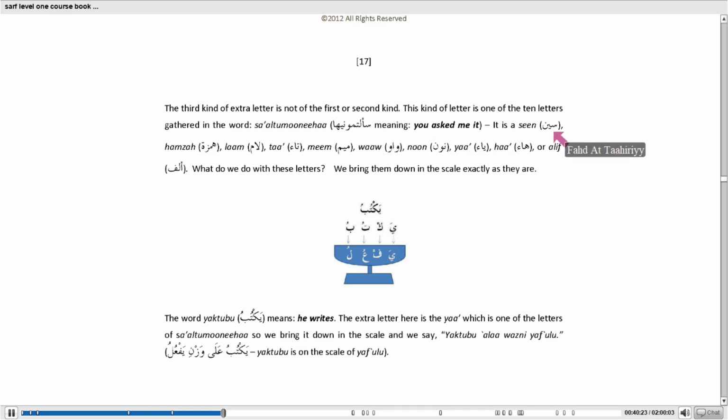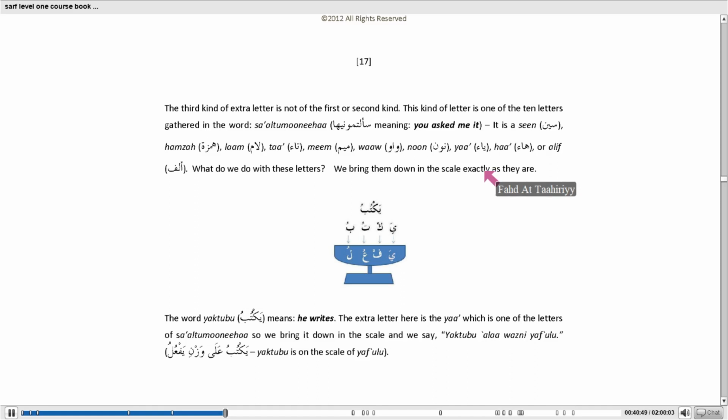Yani the sin and the hamza and the lam and the ta and the mim and the waw and the noon and the ya and the ha and the alif. Is it clear? How many letters are those? 10. Okay? 10 letters. Is it clear? Barakallahu fikum.